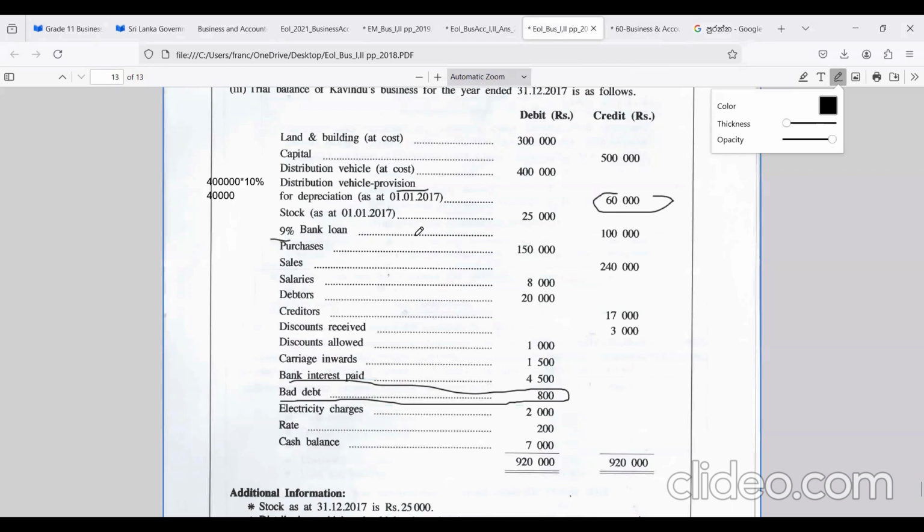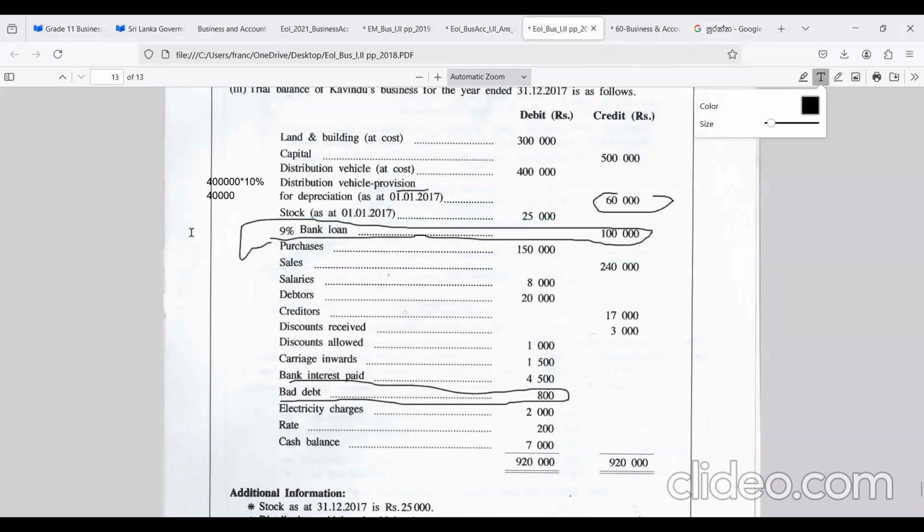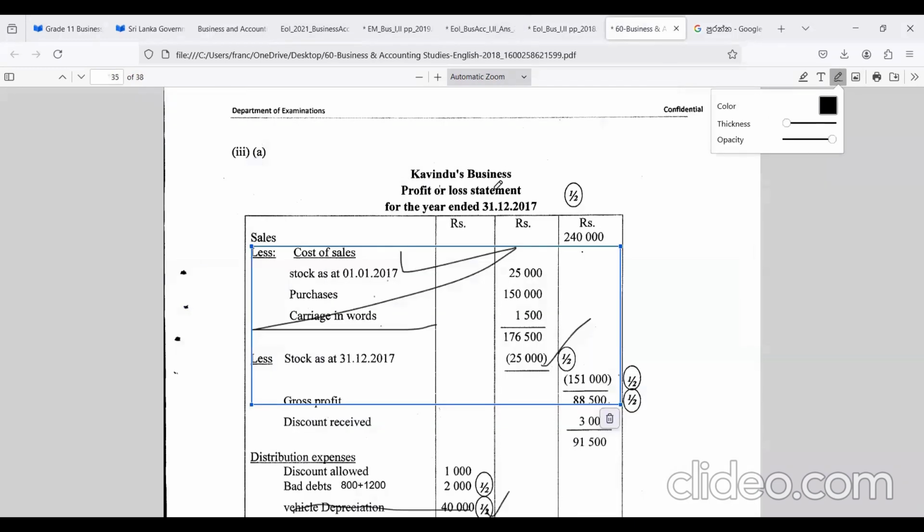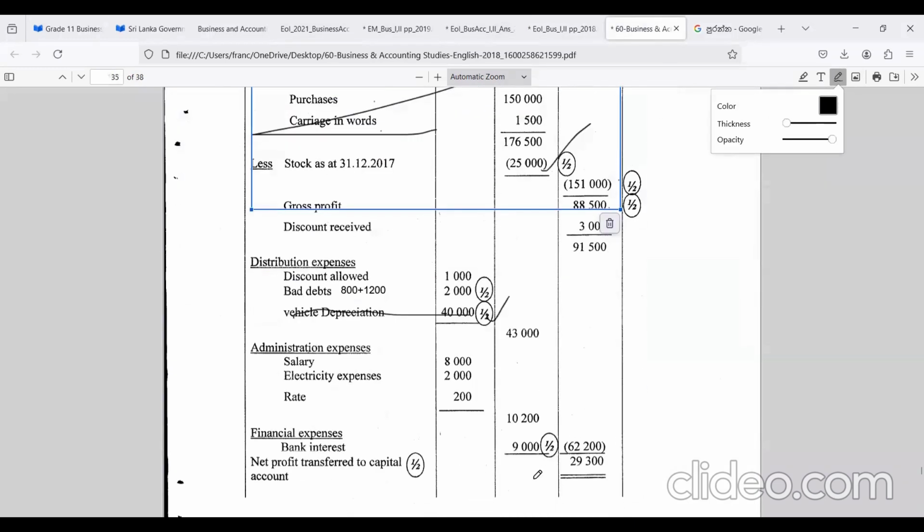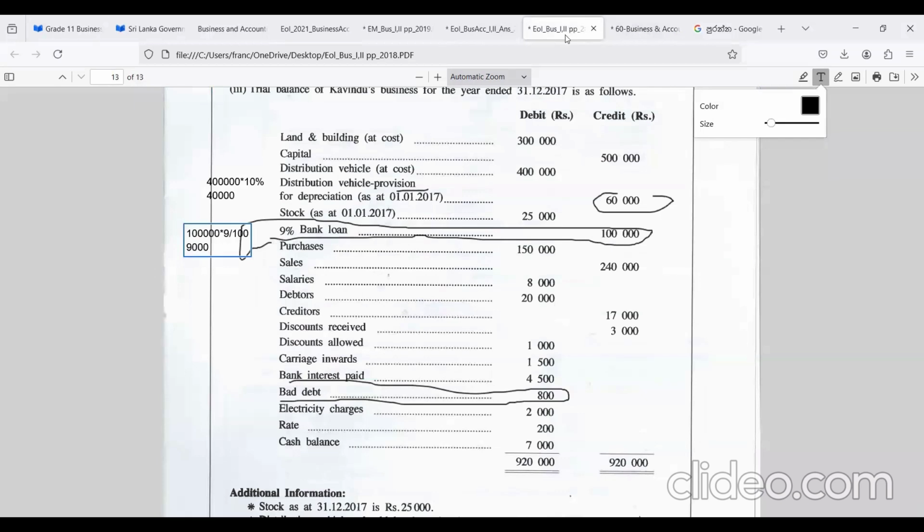So in this sum, I don't think there is anything difficult when entering into the PNL. So, we have a bank loan. I said if you have a percentage on the bank loan, it means it is a hidden adjustment. 100,000 into 9%. The answer is 9,000. So that should be recorded in financial expense. Bank loan interest should be recorded in financial expense.